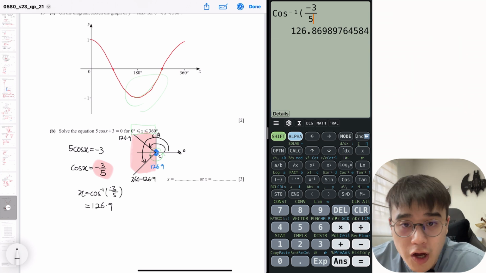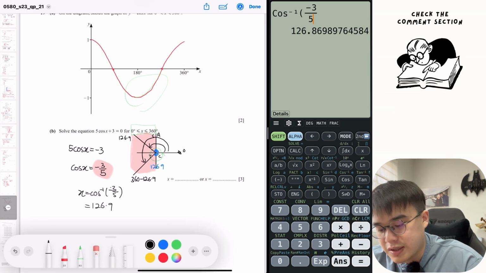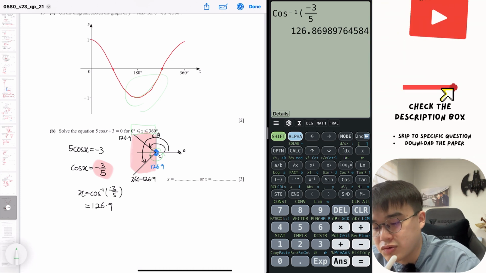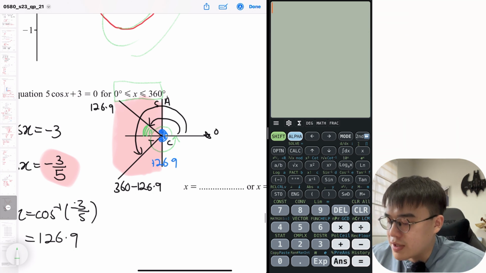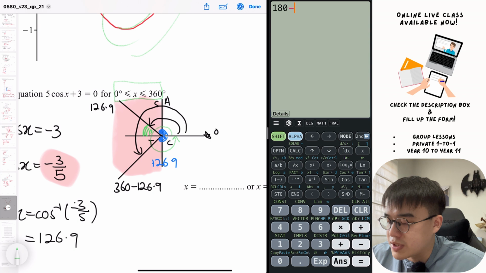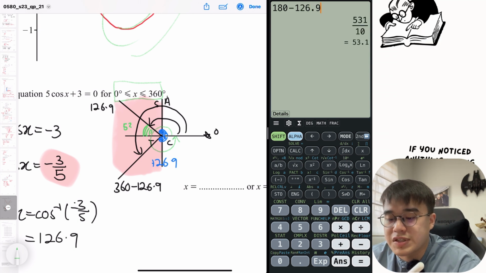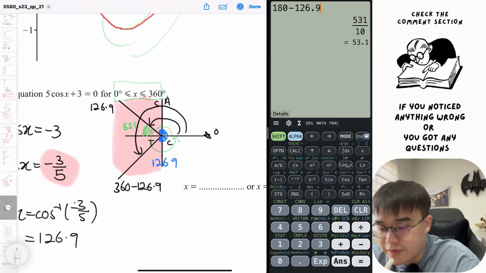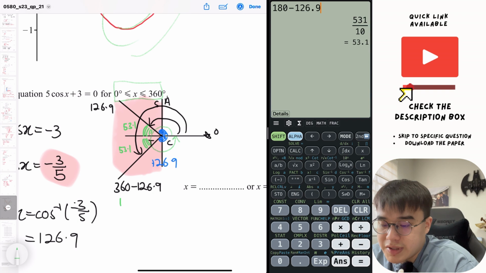Okay, this is one of the options. For students that couldn't see this, they actually is allowed to use this part as well. Because of it being a straight line, you can take 180 minus 126.9 and you get 53.1 first. And this 53.1 will be reflected down here. And it can also be 180 plus 53.1.